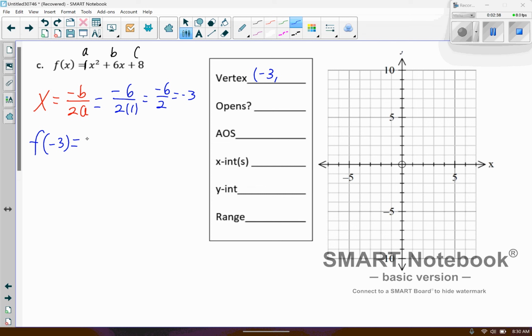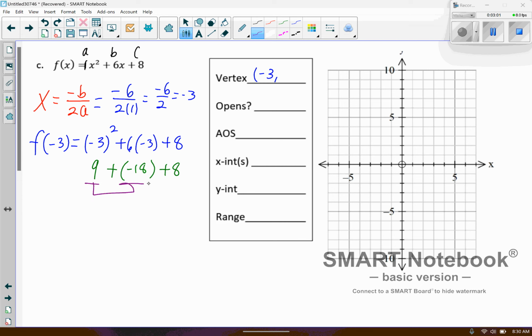And so we're going to get -3 squared plus 6 times -3, and then plus 8. And then -3 squared becomes +9, then plus -18, and then plus 8. And so we'll add all this together.